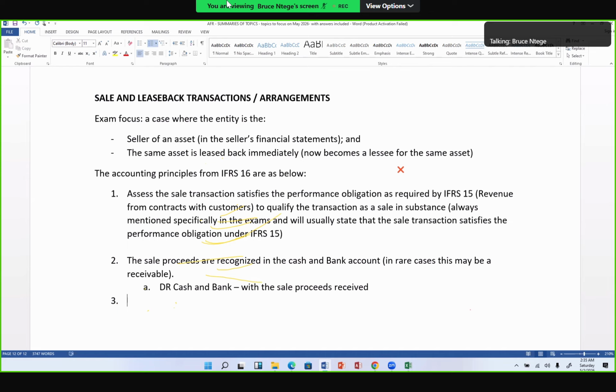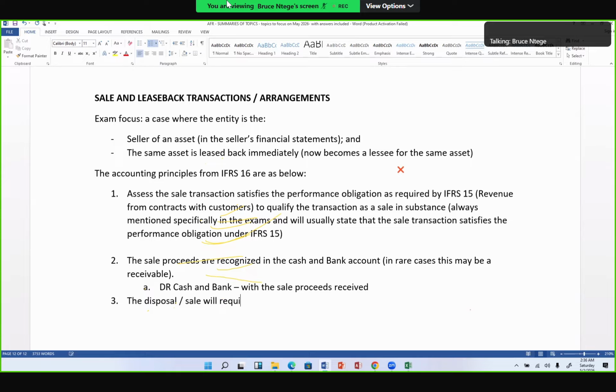Number 3, I'll tell the examiner that the disposal of this asset will result in a derecognition of this asset from its prior or previous category. If it was previously PPE, I want to take it out of PPE based on the carrying amount of that asset on the date of the sale.